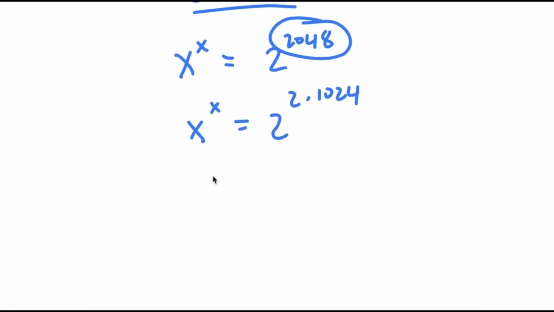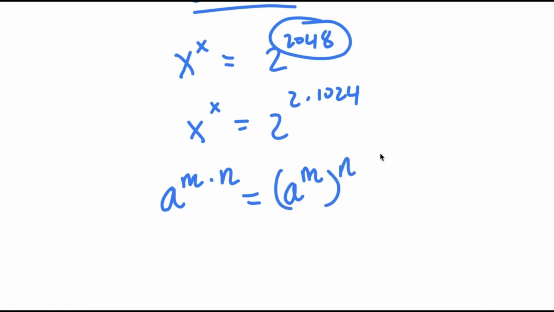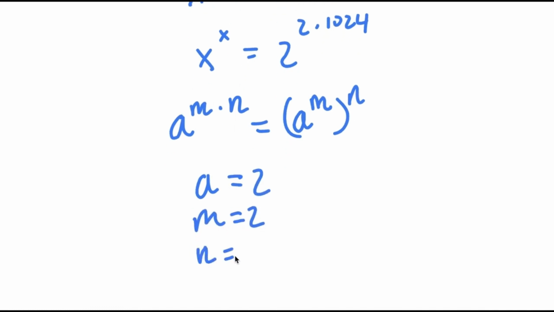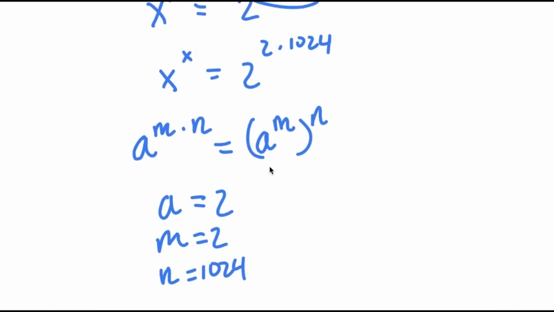Now, if I have something in the form a to the power of m times n, this is equal to a to the power of m, to the power of n. So in this case, a is 2, m is 2, and n is 1024.